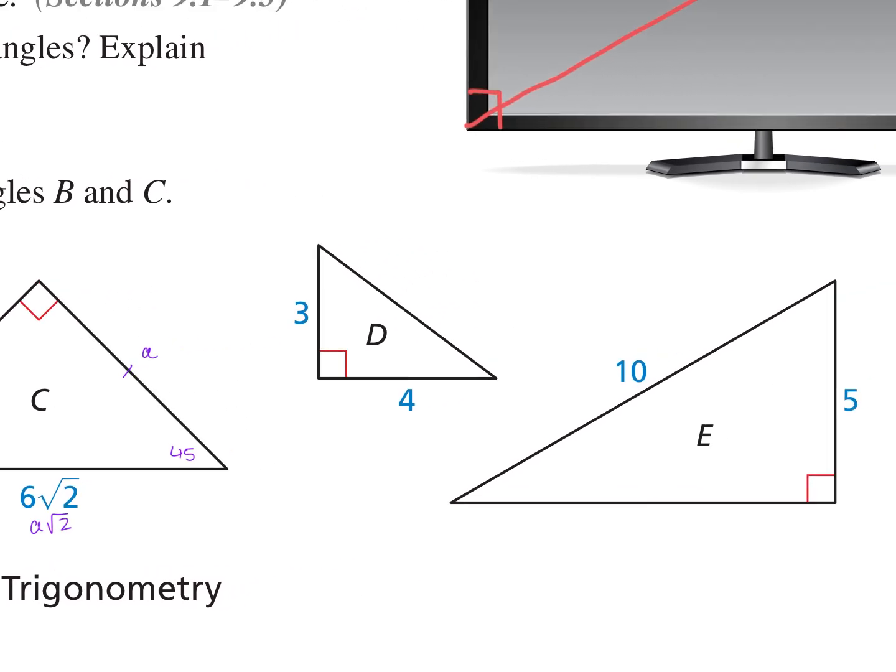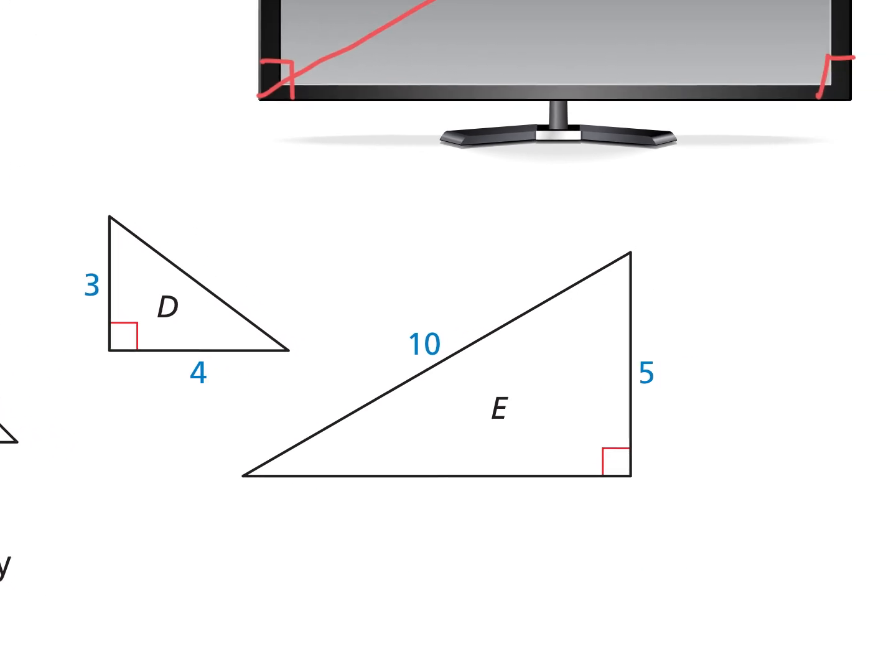If I'm looking at D, I know it's not a special right triangle because my sides would be congruent if it was a 45, 45, 90. And if it was a 30, 60, 90, regardless, I wouldn't have a side that's 3 and 4, so that wouldn't work. And then let's look at the last one.